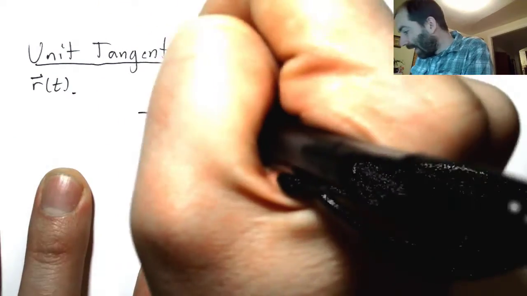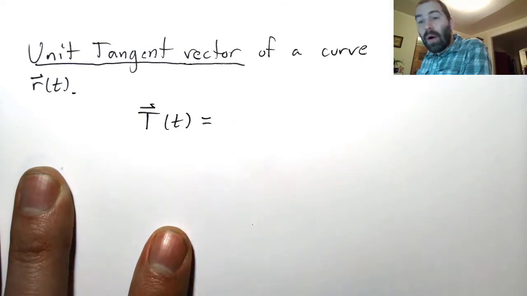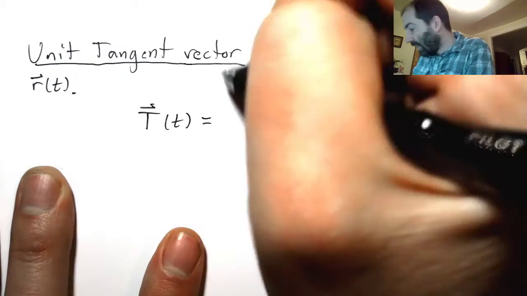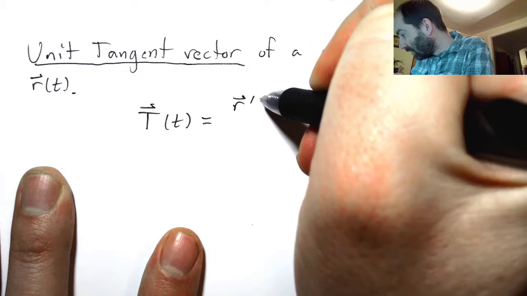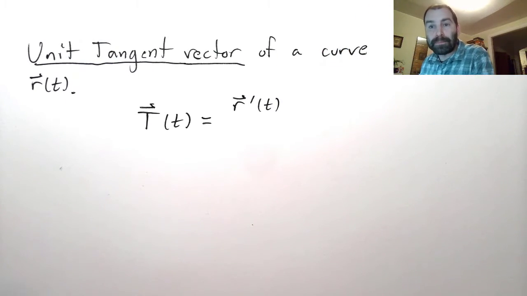And it's denoted a capital T. And we know how to get a tangent vector to the function r of t. We just take its derivative. That will be tangent to the curve, but it won't be unit length.